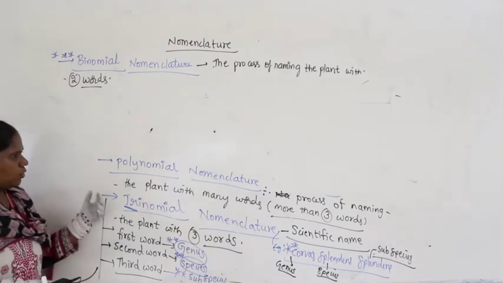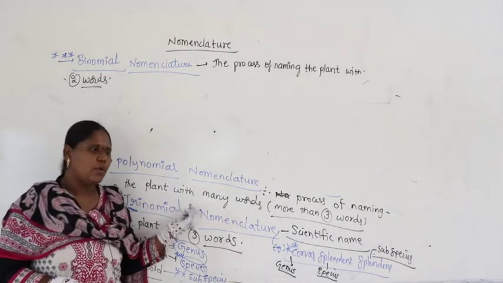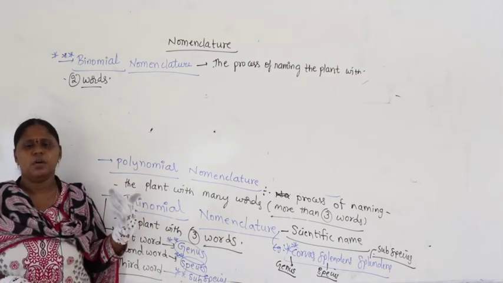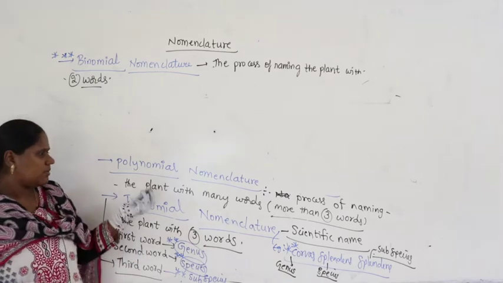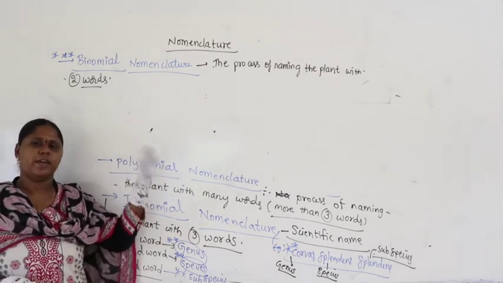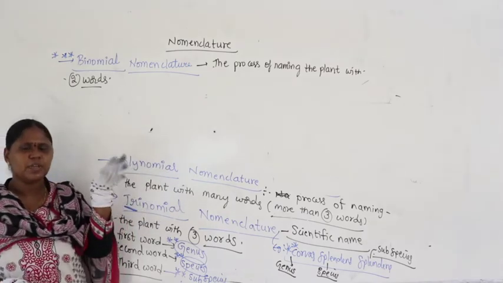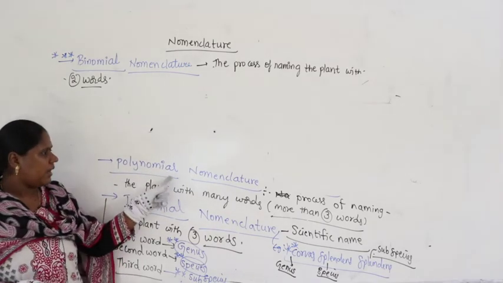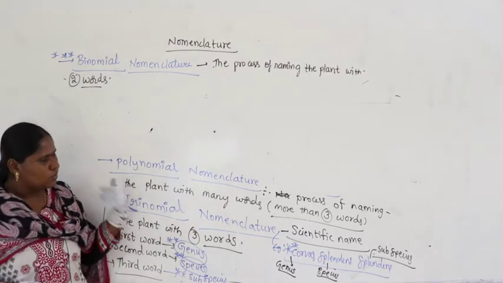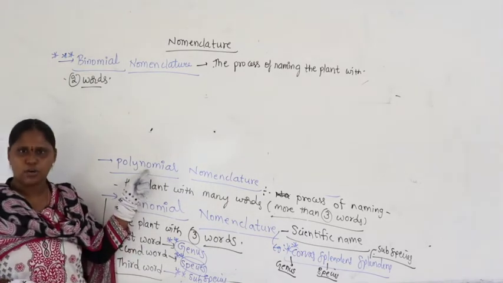If you look at olden days, people used to have very big names. Generally, if you look at your old grandfather's or grandmother's name, they used to keep something like all the gods' names, like Satya, Varaprada, Shiva, Venkata, Ramana, so many words. Such kind of naming the organism with so many words is called polynomial.